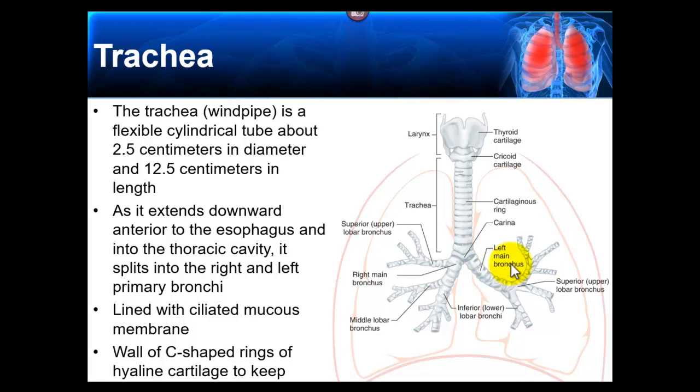This coming down this way, now this says left main bronchus. On our lab list, we use primary bronchus or primary bronchi. The right is over here, and you can see how it branches into smaller divisions.